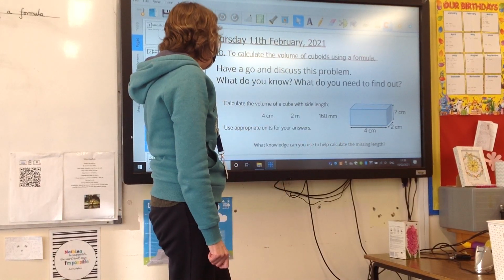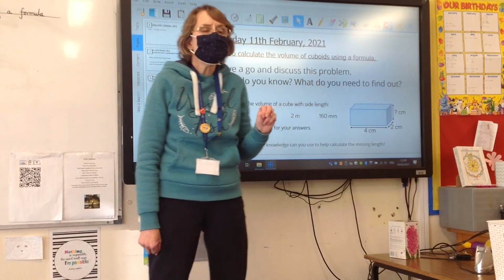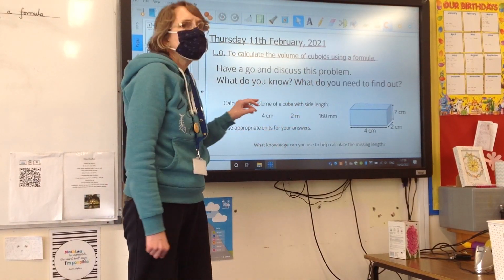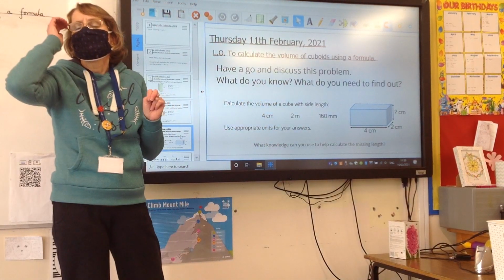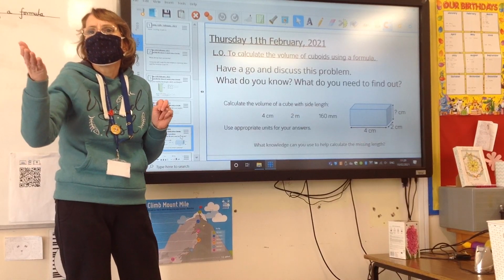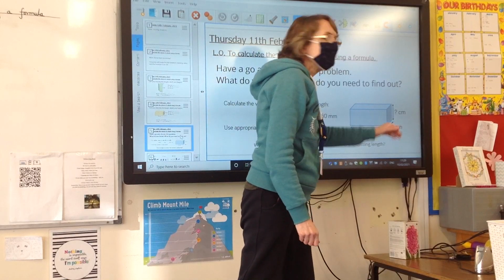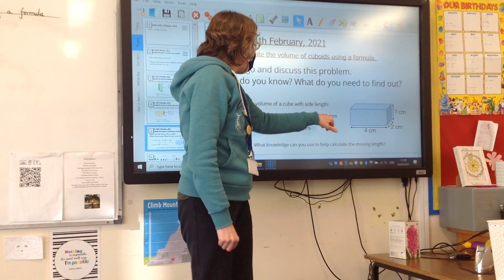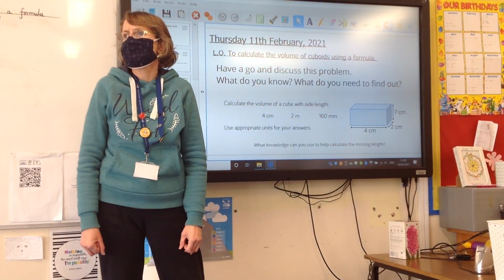Now, I'm not going to tell you the answer to that, but what do we need to do with that question to be able to do it properly? Convert the 160 millimetres to 16 centimetres. Good, well done. We've got our units in centimetres. 160 millimetres is going to really confuse things.